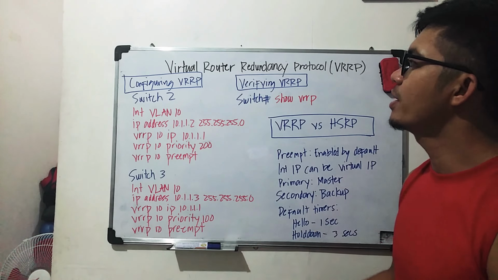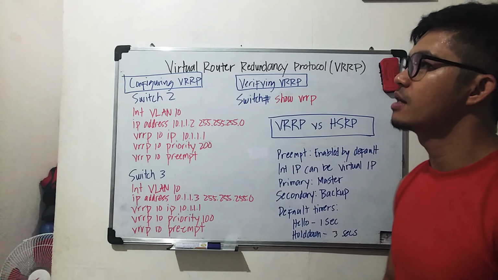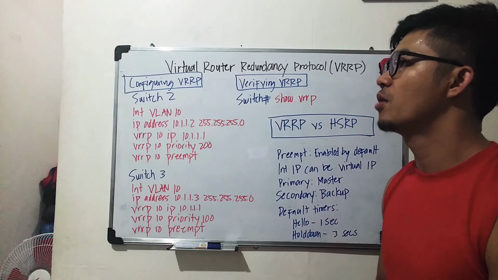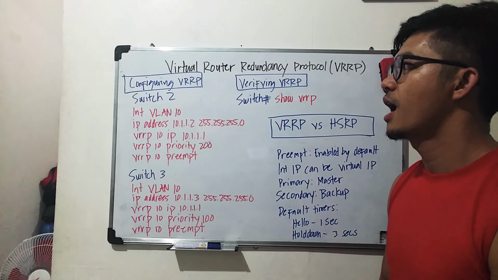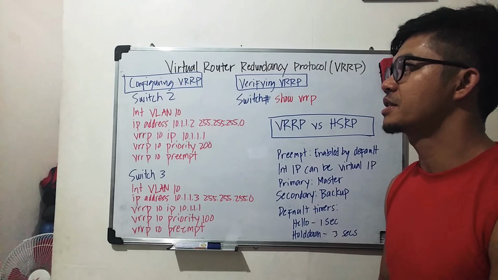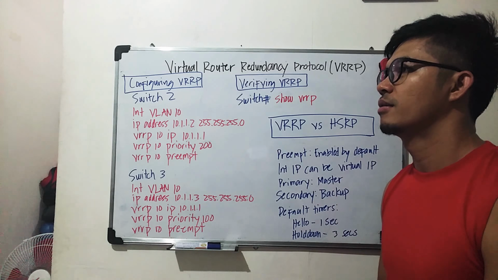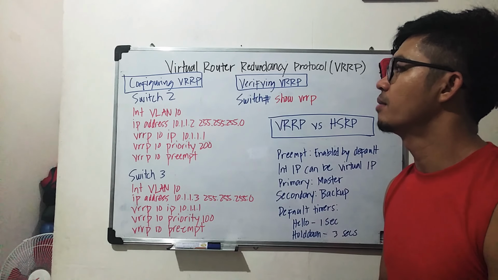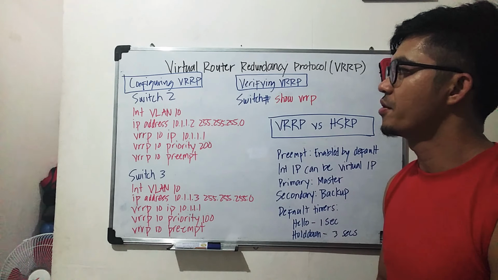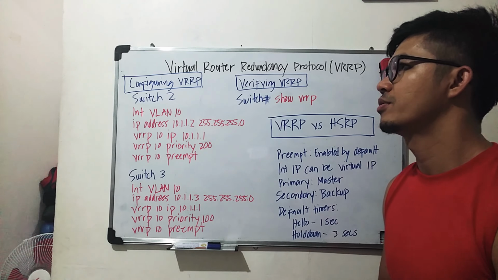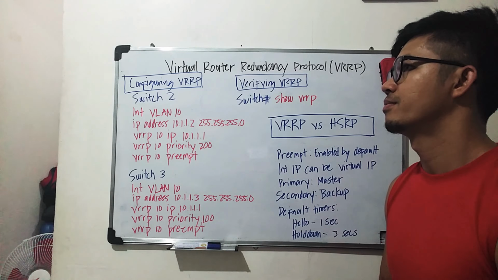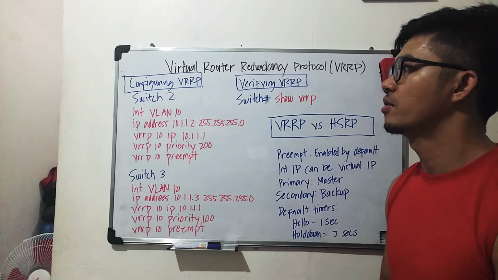So VRRP is open standard, open industry, meaning that it can be used not just by Cisco, but by other vendors as well, like Juniper or Arista and other vendors.